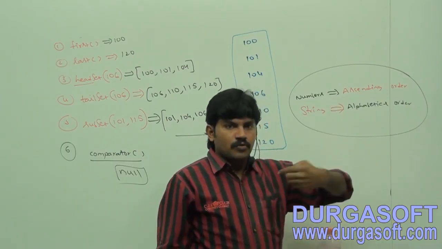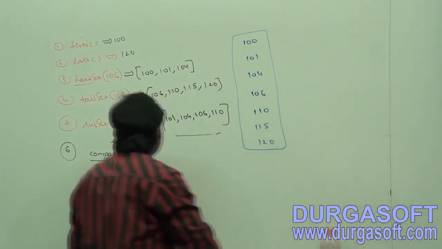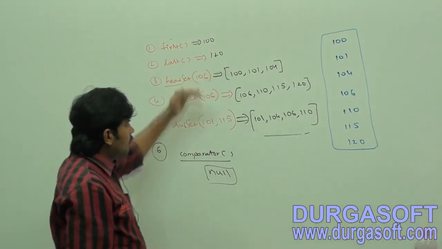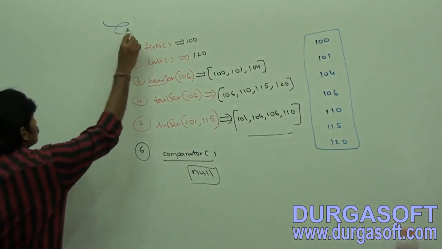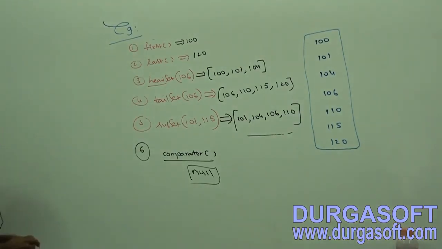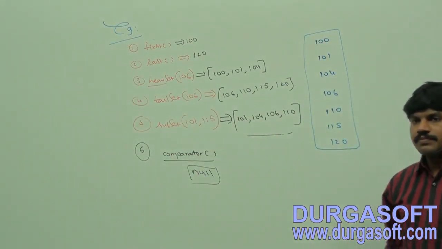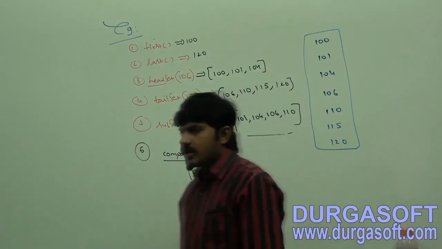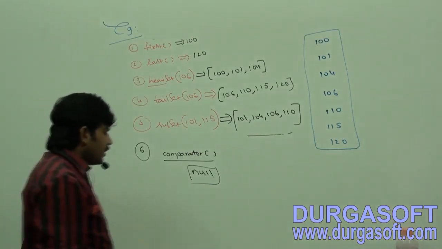Customized sorting order means our own; how we can implement that part, I will take care of. Okay, now take this example. This is the sorted set. First means 100, last means 120. Then headSet, tailSet, subSet, and next comparator.